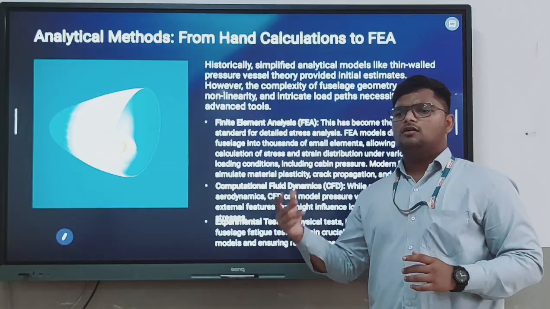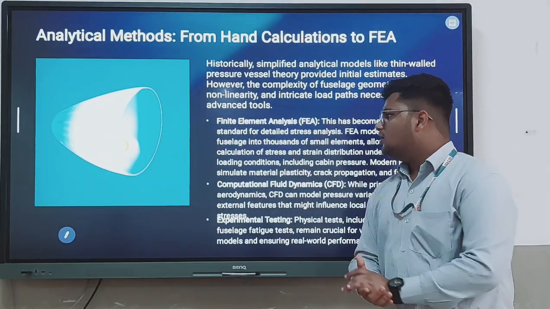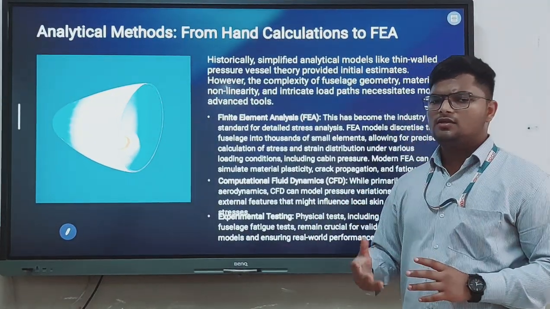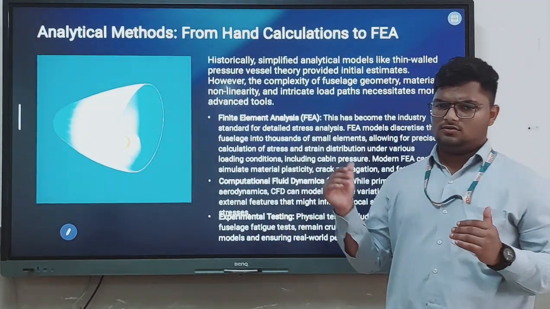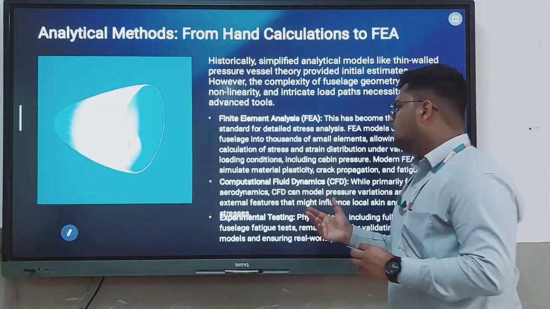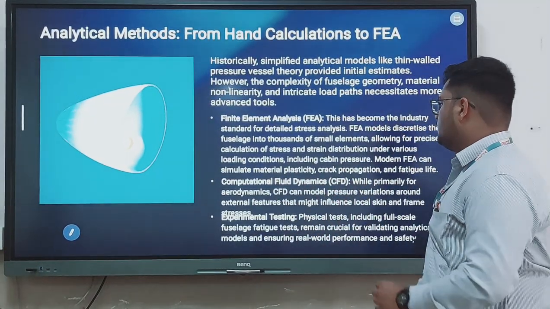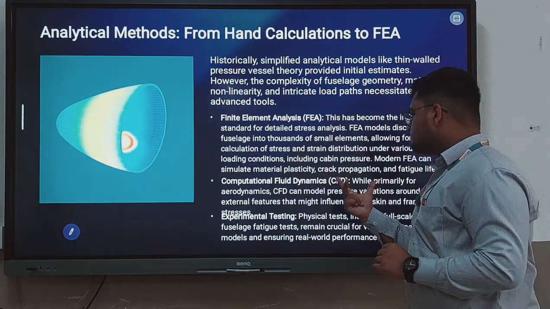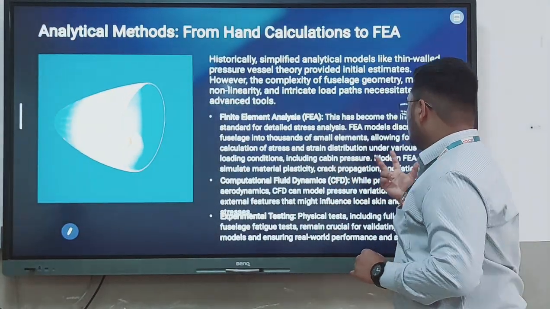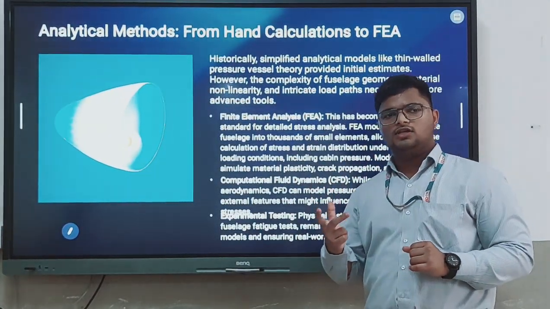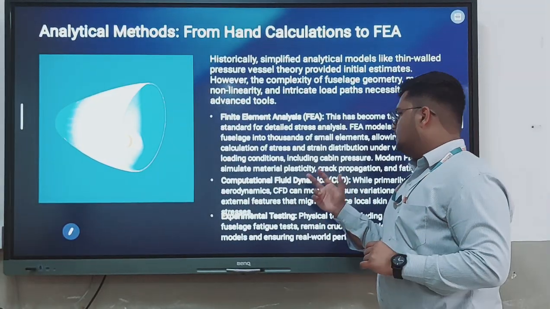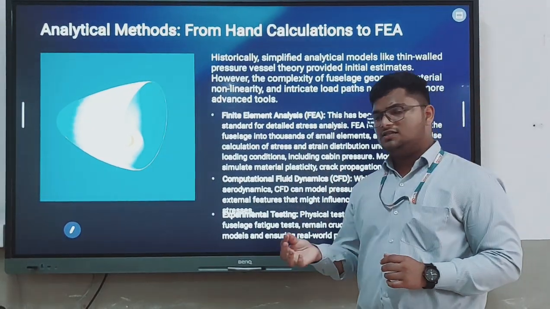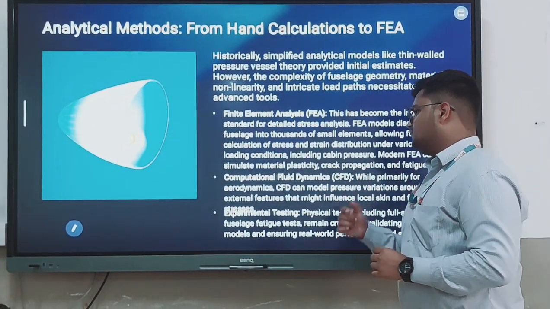Every industry right now is using FEA to calculate the stresses and the loads that are experienced by the fuselage and the cabin, and it gives us very precise calculation for loads and the stresses. FEA can simulate material plasticity, crack propagation, and fatigue life also.